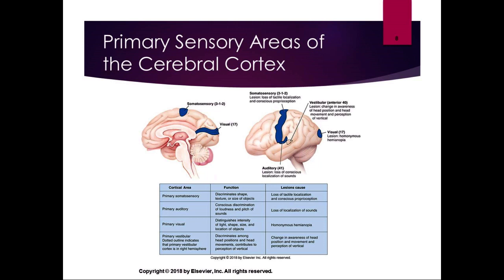And if you have a lesion in the primary vestibular cortex, you're going to have a change in the awareness of head position and movement and the perception of your idea of what's vertical. So all of those different areas have an individual function, and a lesion causes interruption of that individual function. It makes sense, right?